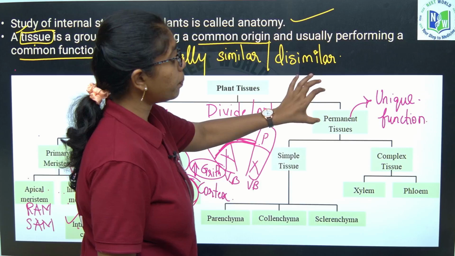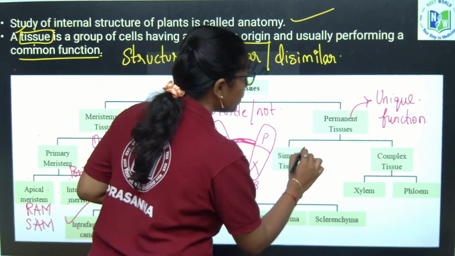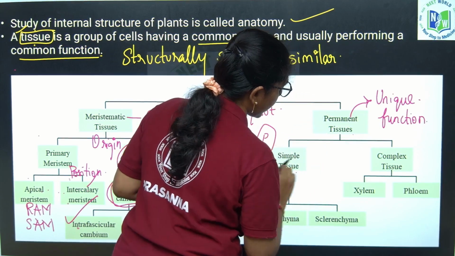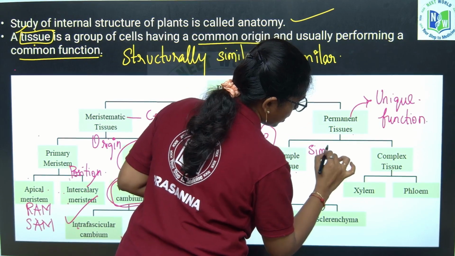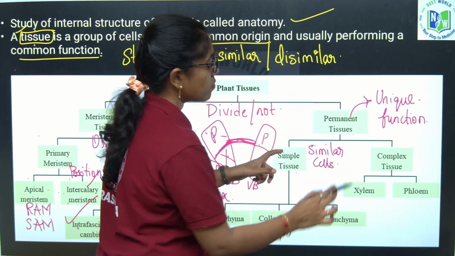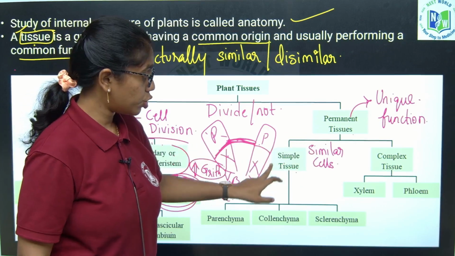Now, coming to permanent tissues. A simple permanent tissue is formed by similar type of cells, which are structurally similar.